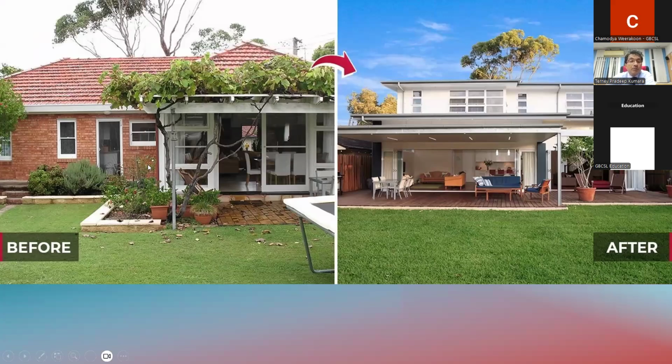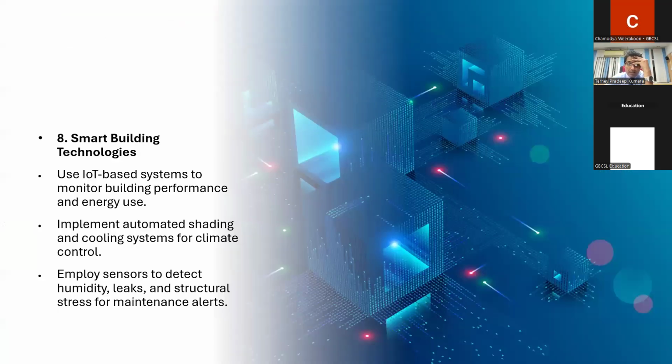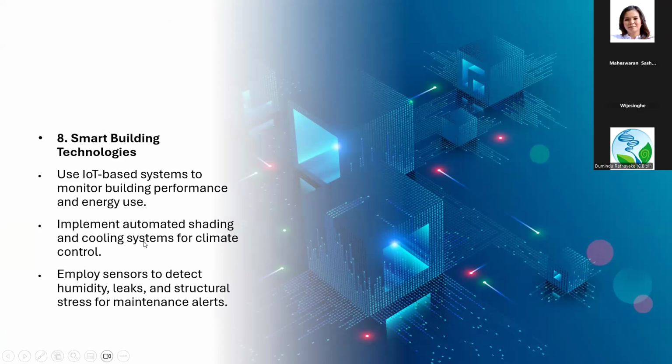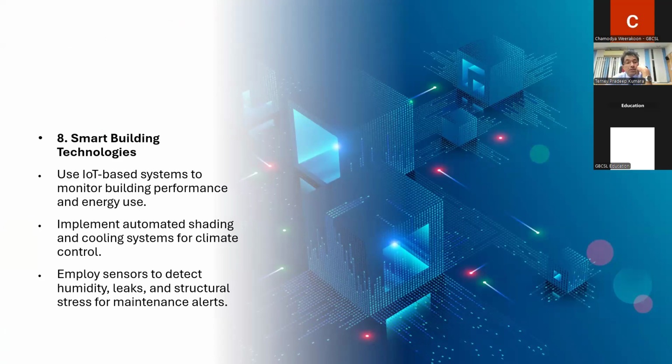It looks a bit old, but here it is very new, modern looking, right? And some contemporary designs, but the same building with less energy, with less resources. And again, smart building technologies, IoT-based. It means technologies: you have sensor-controlled lights, sensor-controlled CCTV, automated shading and cooling systems for your house or establishment.